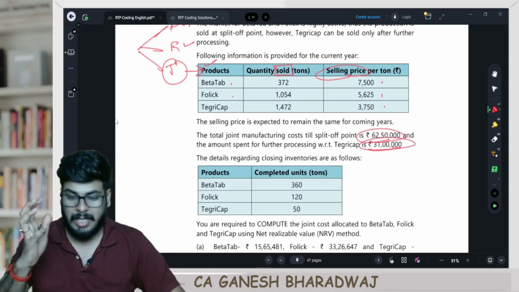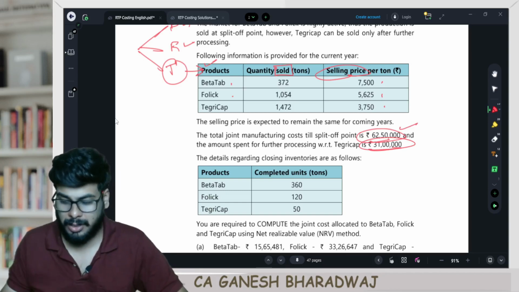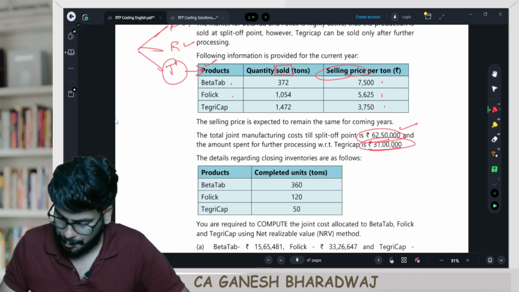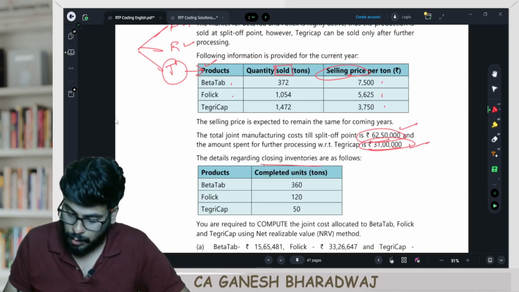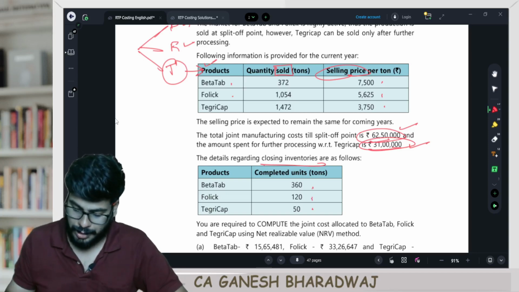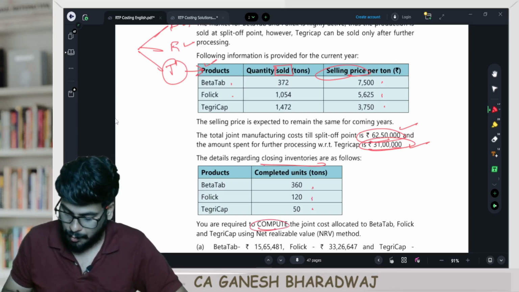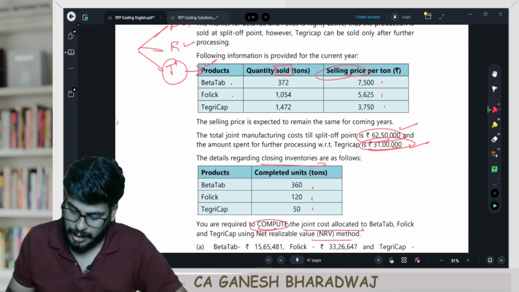So the joint cost is given as 62.5 lakhs, and the further processing cost for the Tegricap product is 31 lakhs, which is given in the question. The details regarding the closing inventories are given as follows. So for each of the products, the closing stock is given. You are required to compute the joint cost to be allocated to each of these three products using the NRV method.